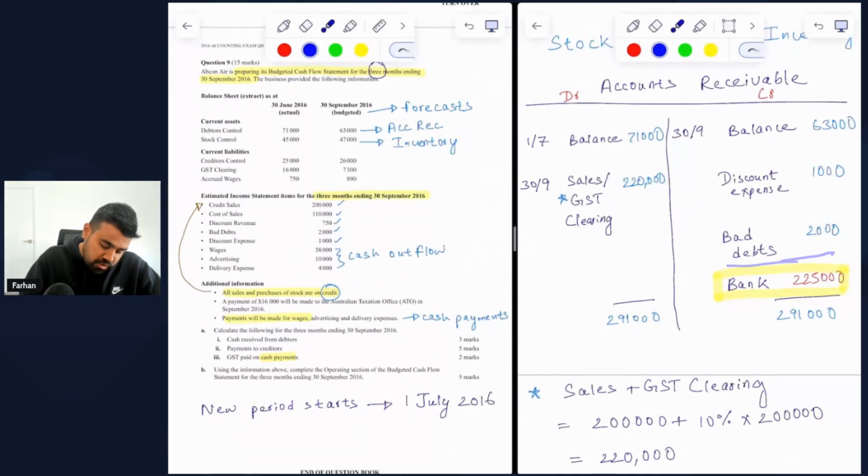The discount expense of $1,000 refers to the discount that the business gives to its credit customers for prompt payment. For example, if I sell some goods to my customers on credit today, let's say for $100, and I've told them, if you can pay this within 5 days, you don't have to pay 100, but you can pay 90.